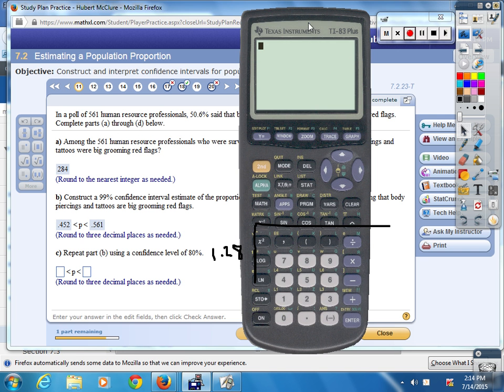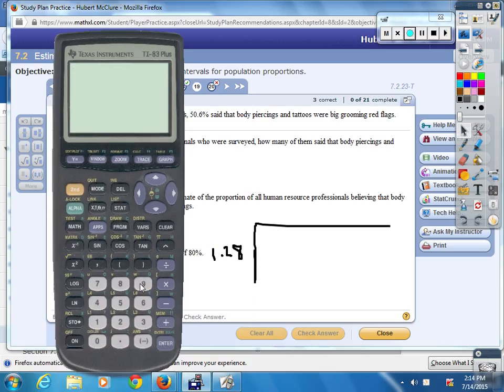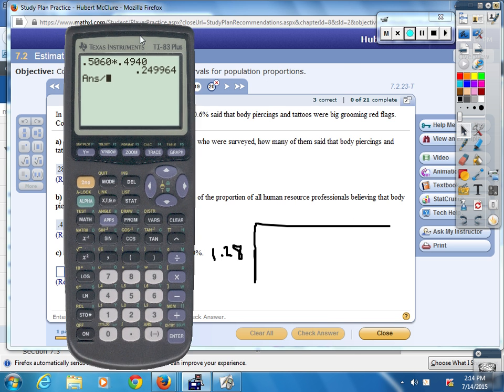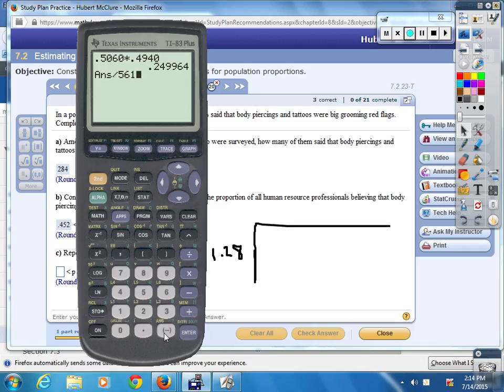We're going to take 0.5060 times 0.4940 divided by 561, and raise that to the 0.5 power. I get 0.0211 multiplied by 1.28, 0.027.